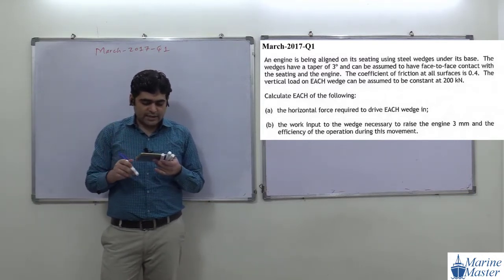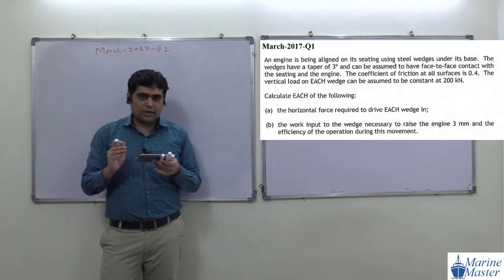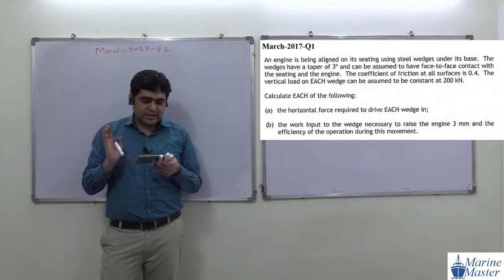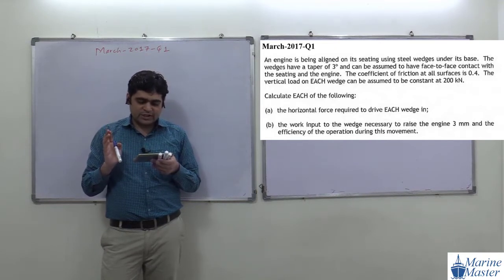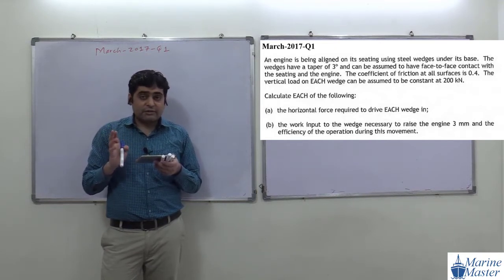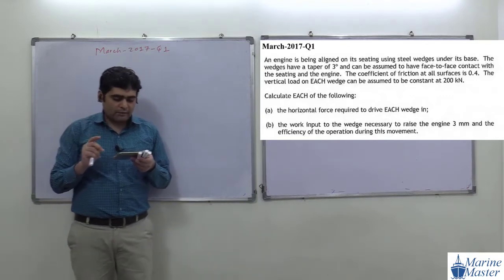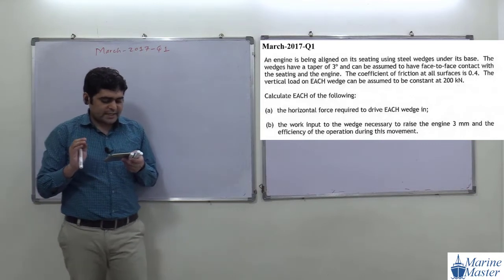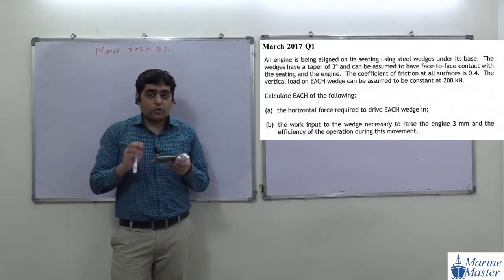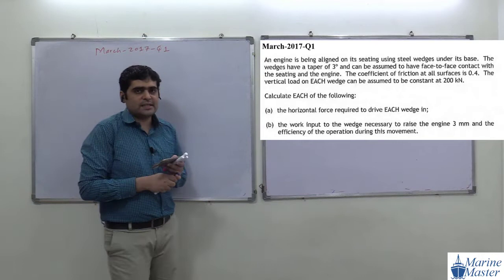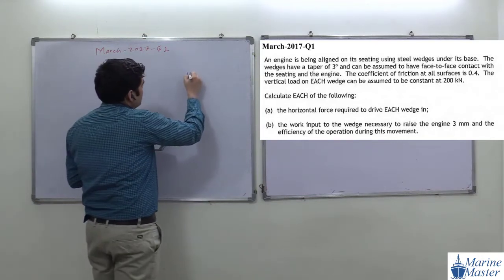So try to see the scenario here. We have wedges here. I am going to read the question once again. An engine is being aligned on its seating using steel wedges under its base. The wedges have a taper of 3 degrees, and can be assumed to have face-to-face contact with the seating and the engine. The coefficient of friction at all contact surfaces, mu, is how much?